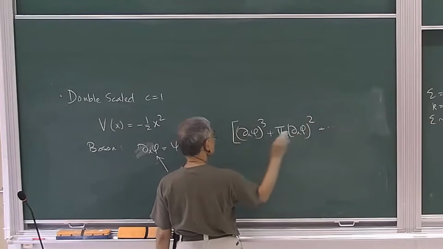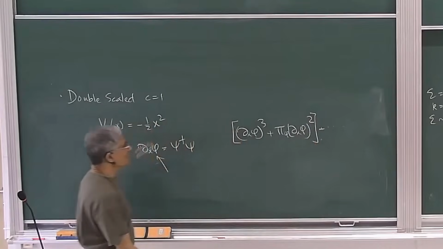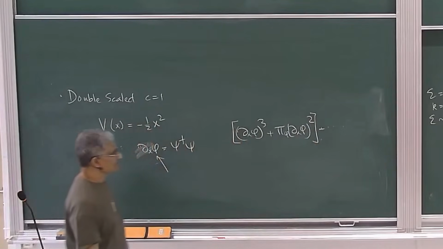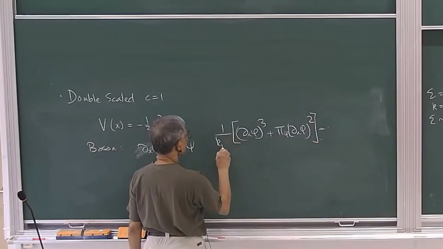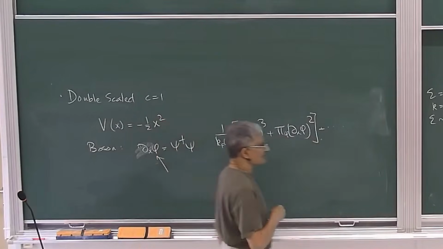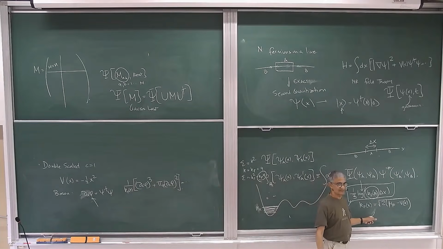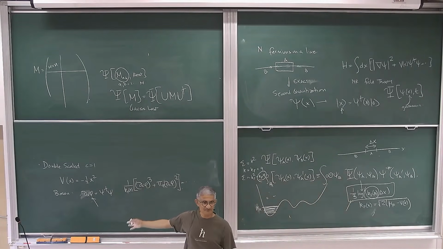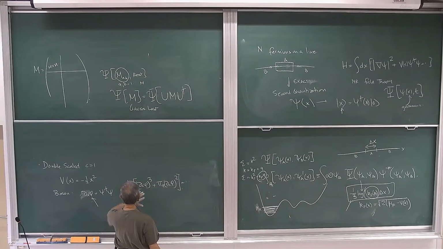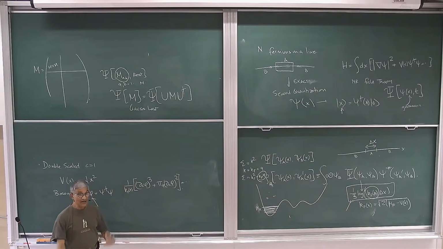And if you ask what is appearing in front of this, it is basically 1 upon kf of x, where kf of x is defined by this. Okay. In some sense, this can be derived. So what this means is that this boson is an interacting boson, and the coupling of that boson is given by the inverse of the Fermi level.